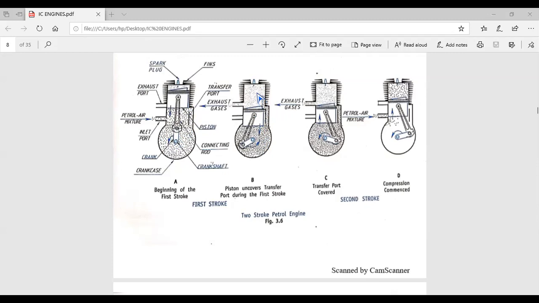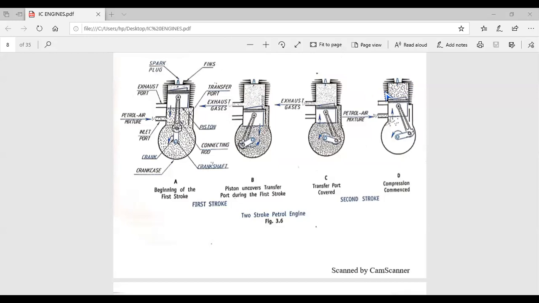All of you observe here. And next, the air and petrol mixture present in the top portion is compressed. At that time, the spark from the spark plug ignites the petrol and air mixture.